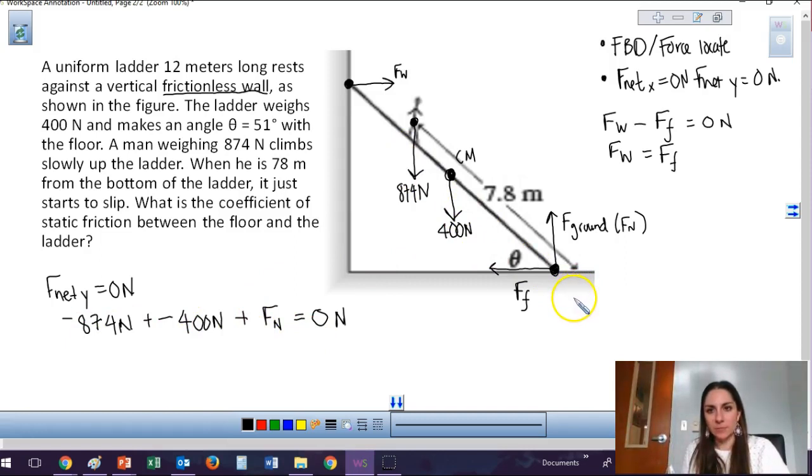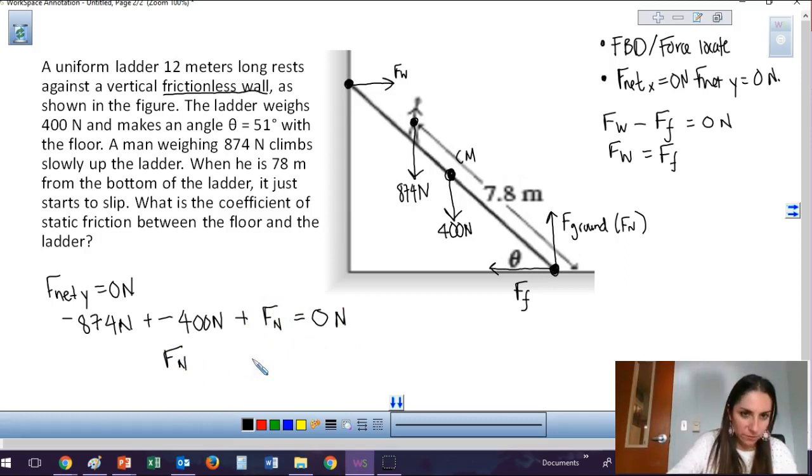So if I add those two together, I could actually find the normal force. If I move this over, the normal force is the sum of those two forces. So 874 plus 400 gives me 1,274 newtons of force upward.